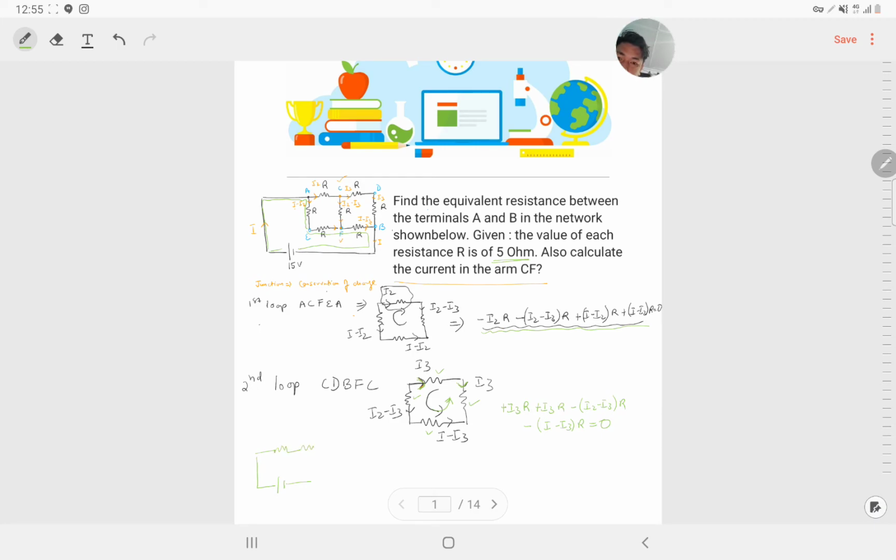First resistance, second resistance, third resistance, and then goes out. Depending on resistances, we have got current I minus I2. This is also I minus I2. For the third resistance is I minus I3. And last we have I and input I.